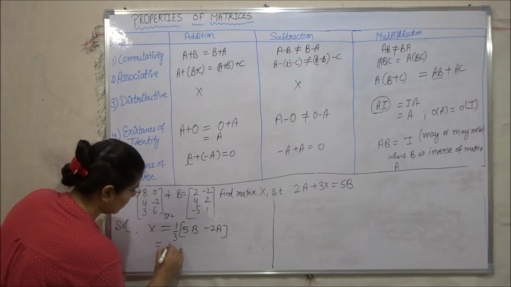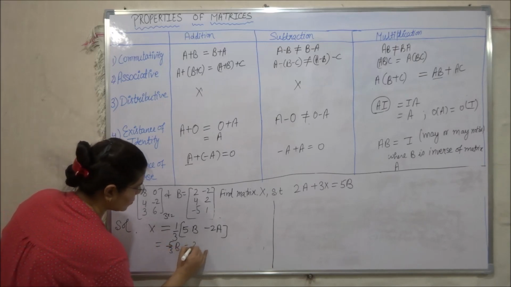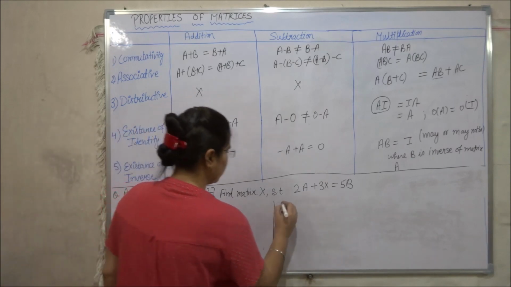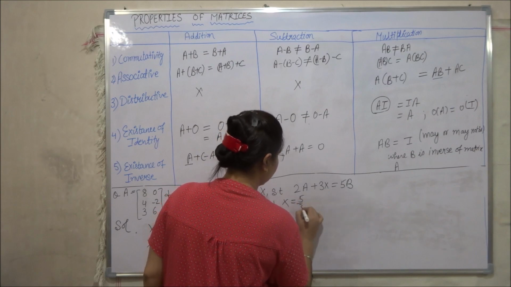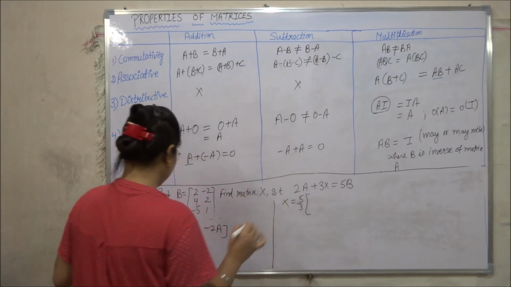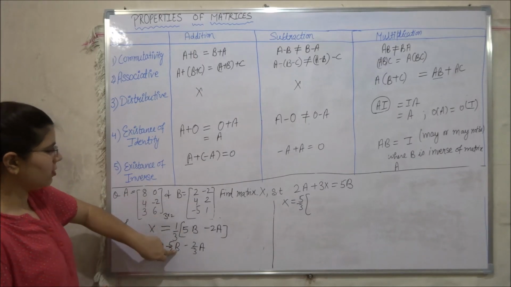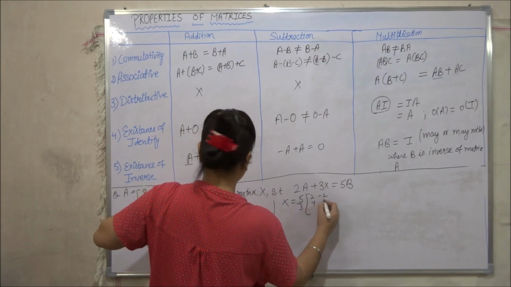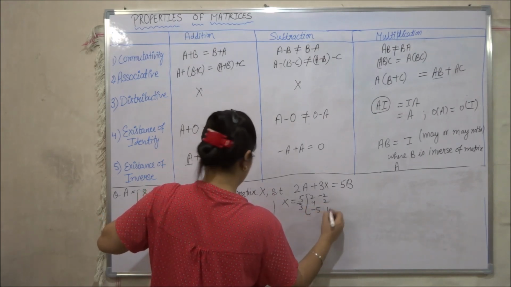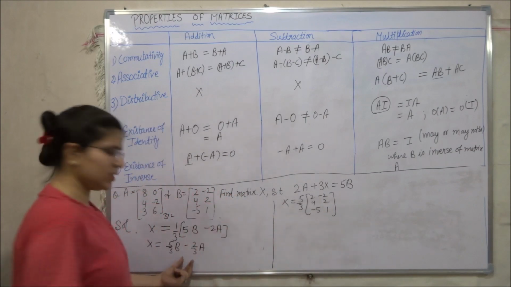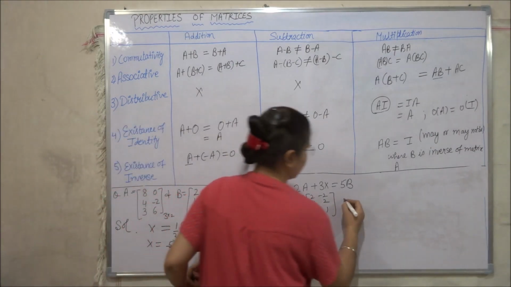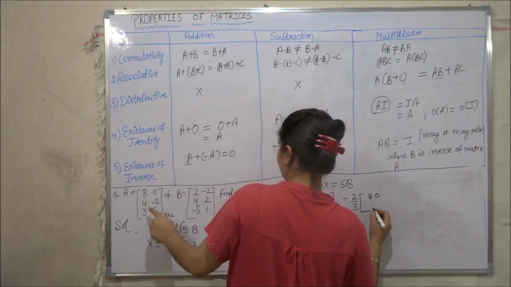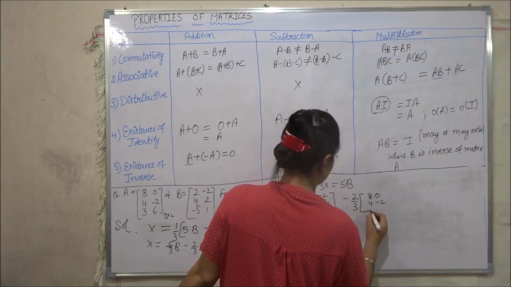Now that will be 5 upon 3 B minus 2 upon 3 A. Now we will solve: matrix X equals 5 by 3 of matrix B, where matrix B is 2 minus 2 4, 2 minus 5 1, minus 2 by 3 of matrix A, where matrix A is 8 0 4, minus 2 3 6.